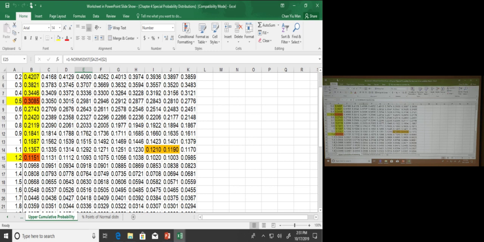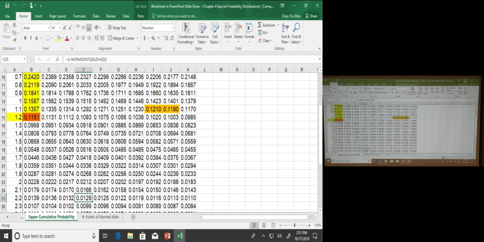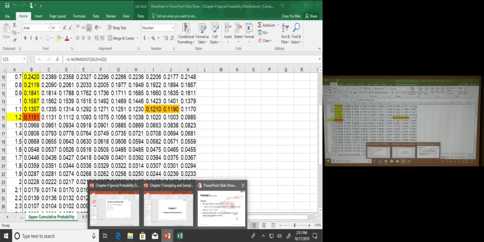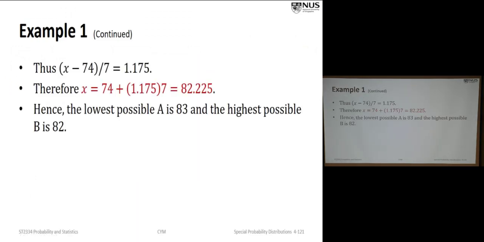It's between these two numbers. Oh, wow! Luckily, it is symmetrical. 0.12 is in the middle of these two, 1.17 and 1.18. So I take 1.175. All right? Okay. So now this is the value.